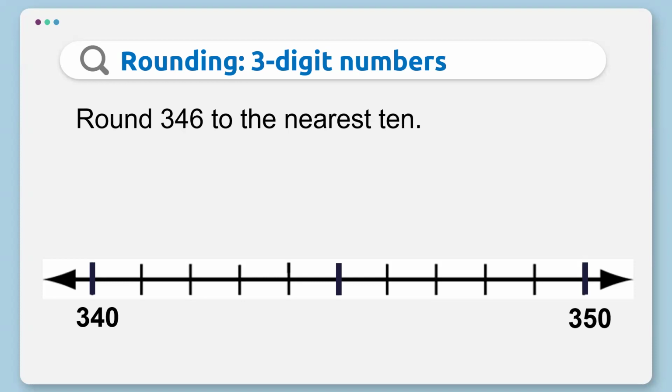So actually, we can skip one step and go straight to the second step. 346 will be somewhere here. And this means that when I round 346 to the nearest 10, it is 350 because the red cross is nearer to 350 compared to 340.